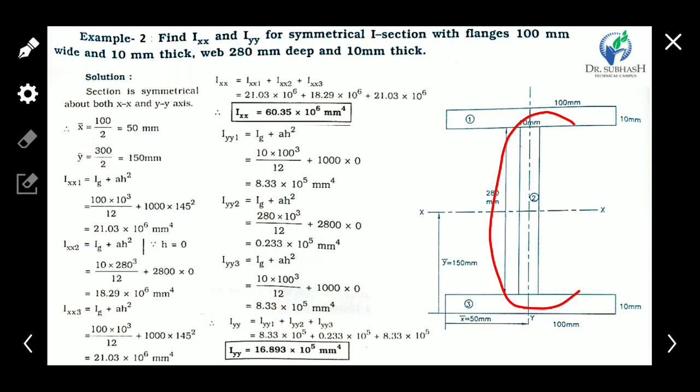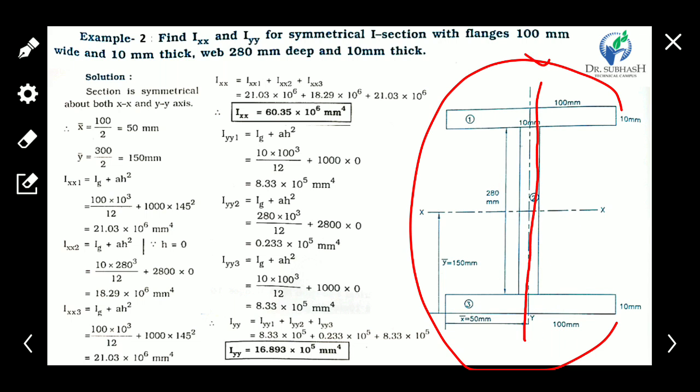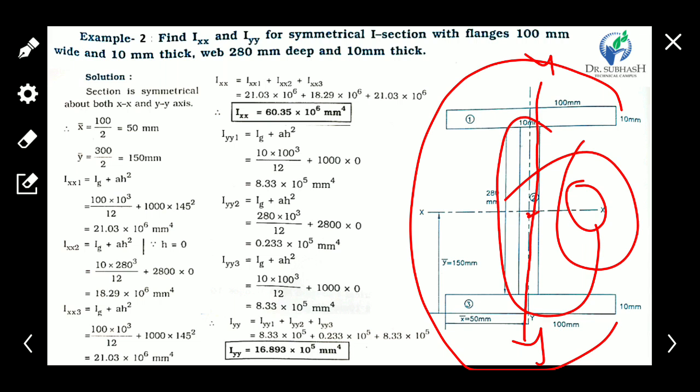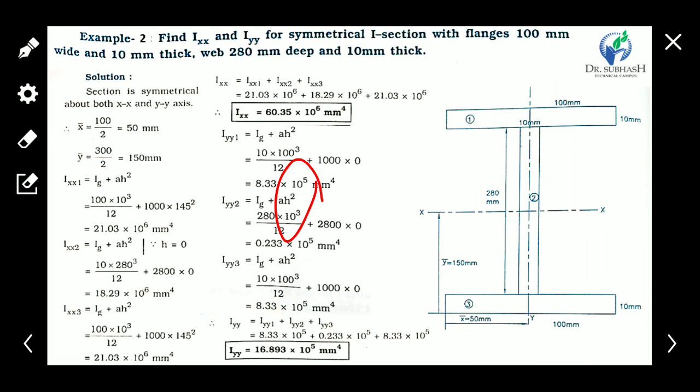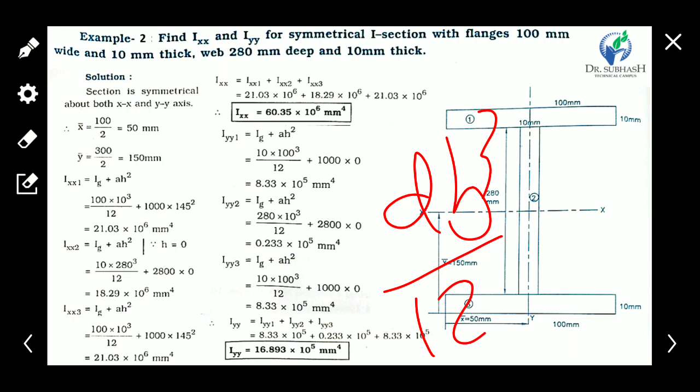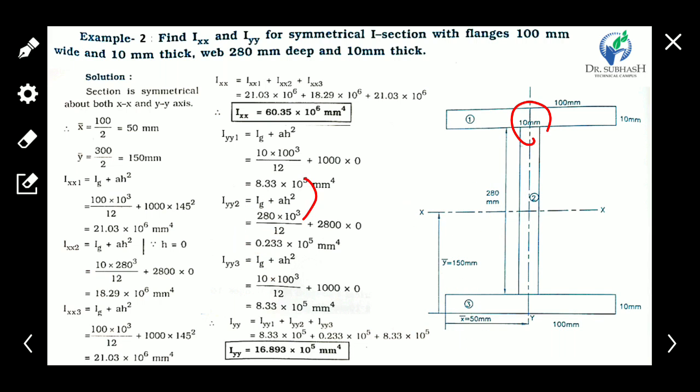That is, the distance from the CG of the second element to the vertical y axis of the I section is 0, so h is 0, so the h square term is 0, so only Ig is there. So for Iyy, db cube by 12, depth is 280 and breadth is 10 cube upon 12, and this term is 0.